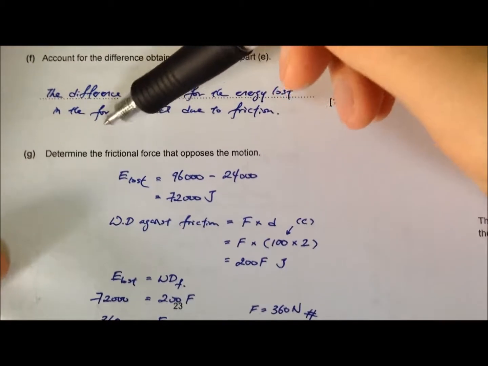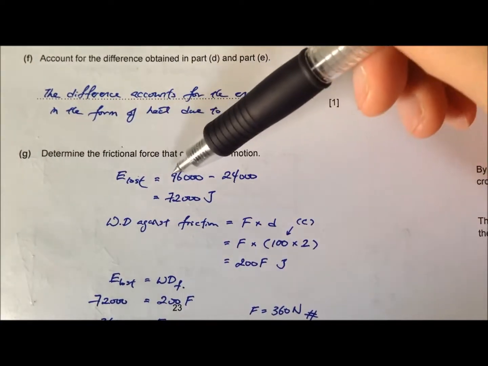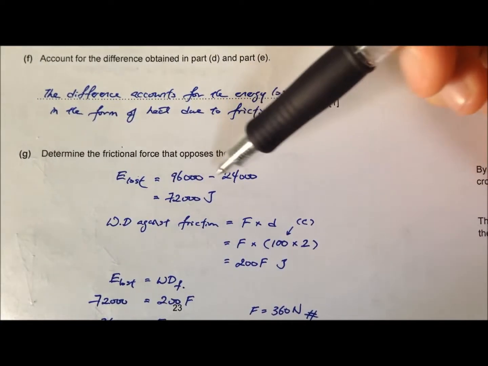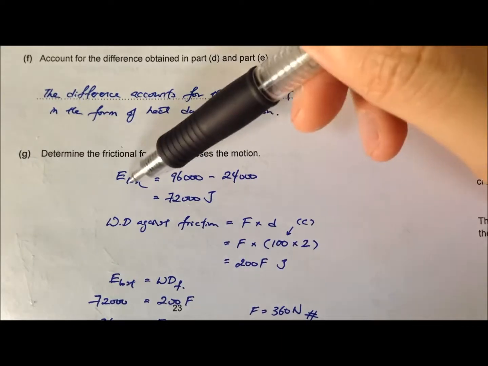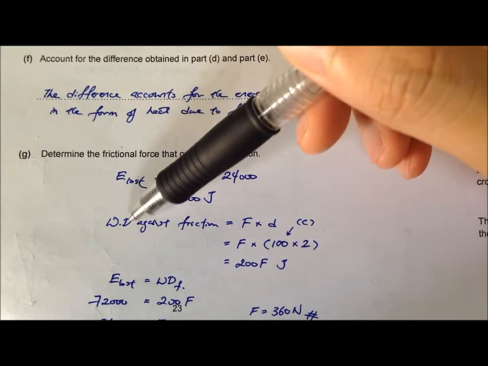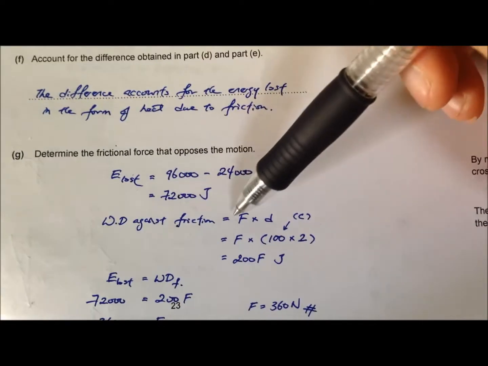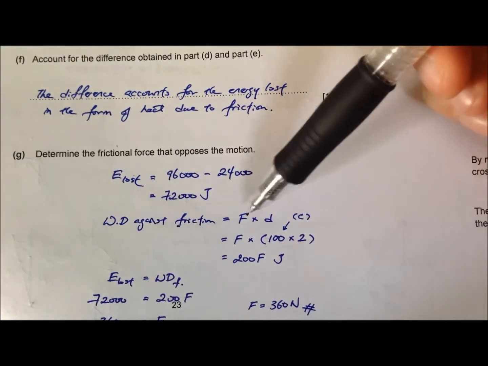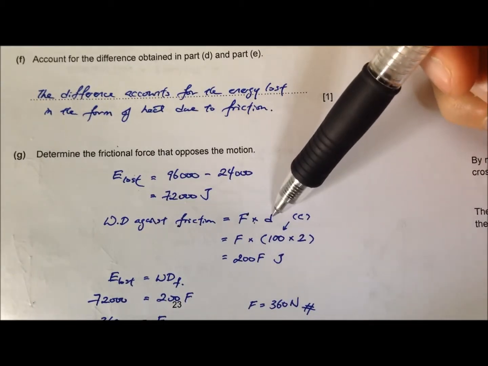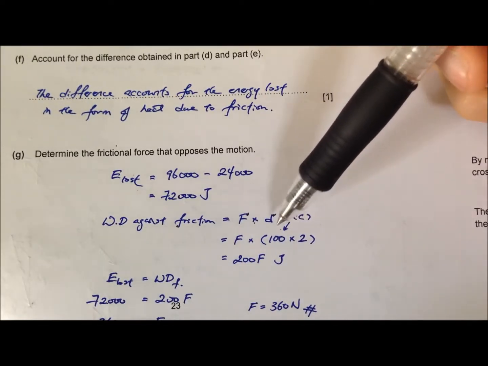So now here they are asking you to find the frictional force. So you know that the heat loss is equal to the difference in terms of the KE. So here you can find the heat loss. And you know that this energy loss is due to the work done against friction. So work done against friction is just equal to the frictional force multiplied by the distance that it has moved. And from your part C, you know that the distance that the block moved is 100.